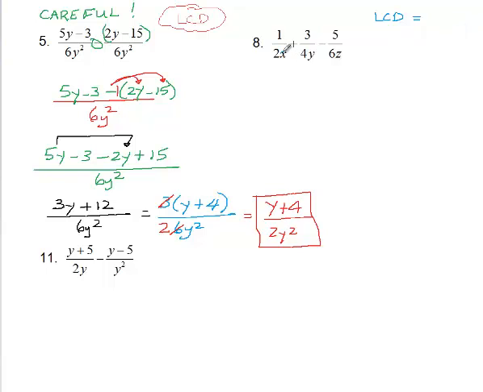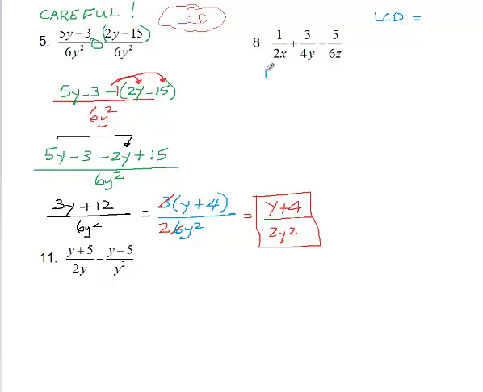Well, if you look at the numbers only, so if you forget about the variables, what would the LCD be between 2, 4, and 6? You can probably come up with that pretty quick. The LCD is 12. However, when you have variables combining with numbers, your LCD must include the variables too. The objective is to make your denominators all the same.